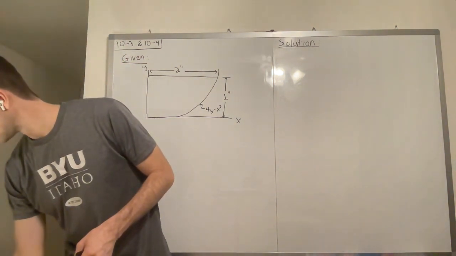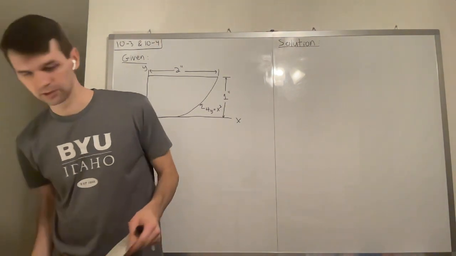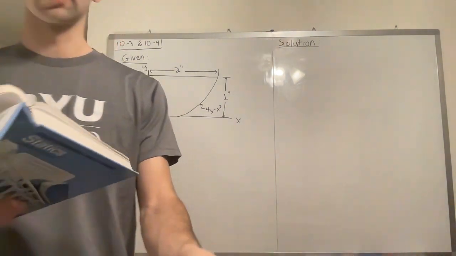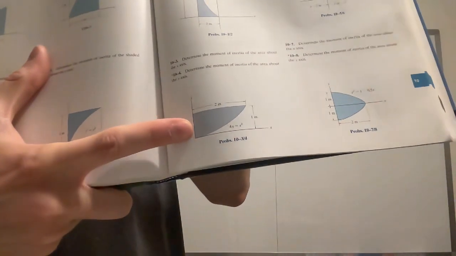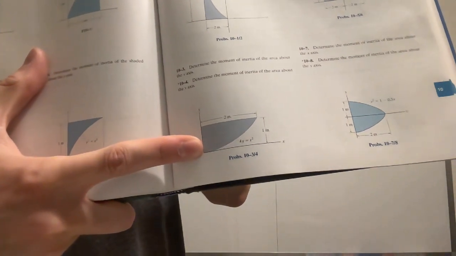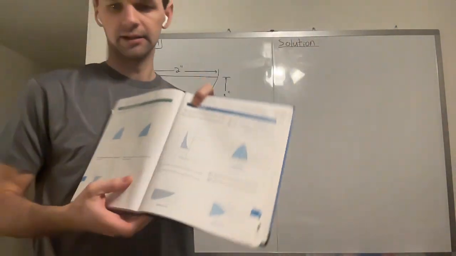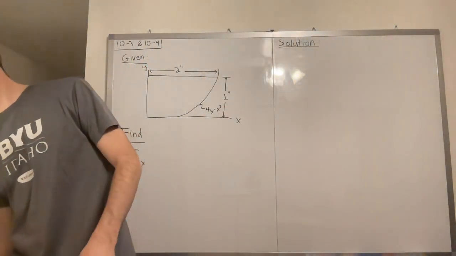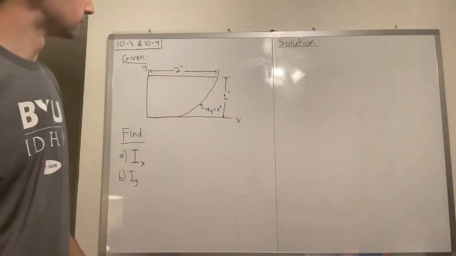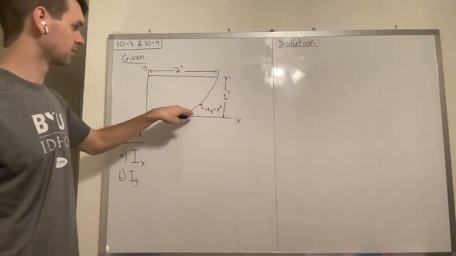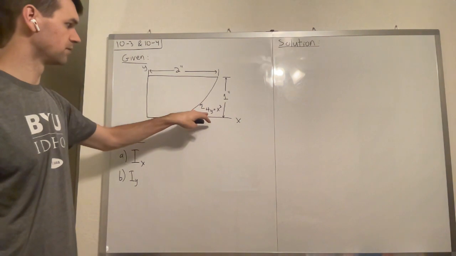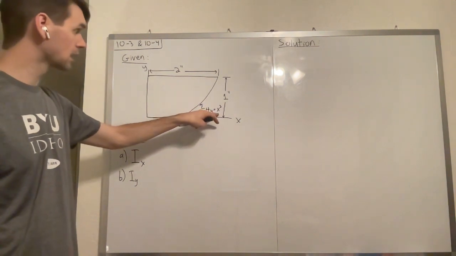So this problem here, I am doing problem 10.3 and 10.4 in the book. I've redrawn that here on the board. It's just sort of this goofy curve that goes up. The curve follows an equation of 4y equals x squared.